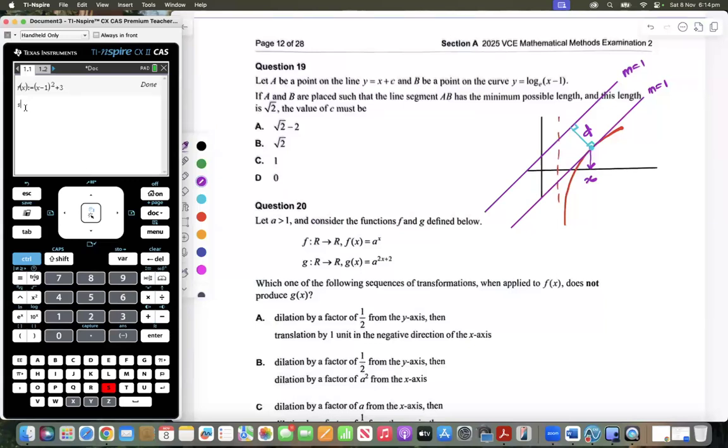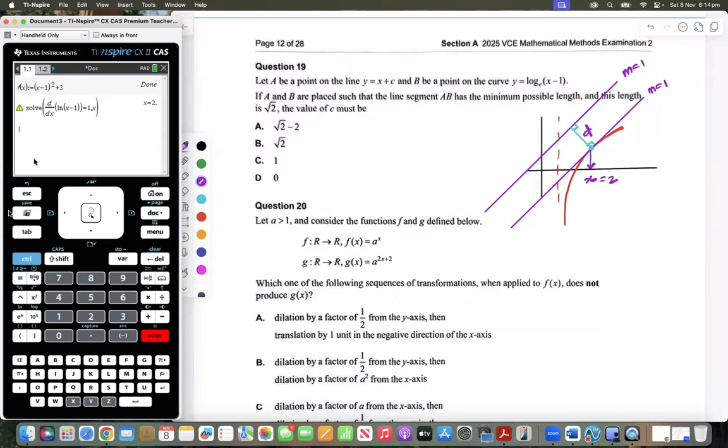I'll get the derivative of this function, log(x minus 1). The derivative should be equal to 1. I'm supposed to find the x. x is equal to 2.